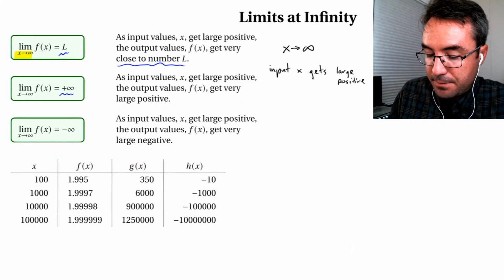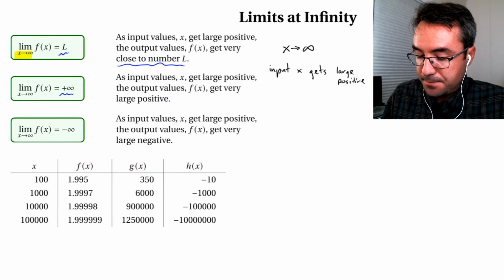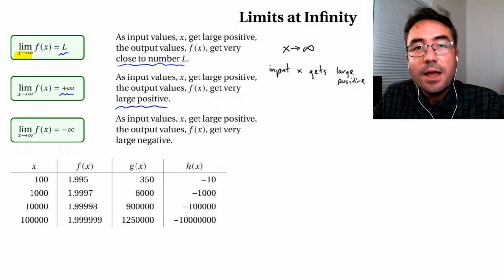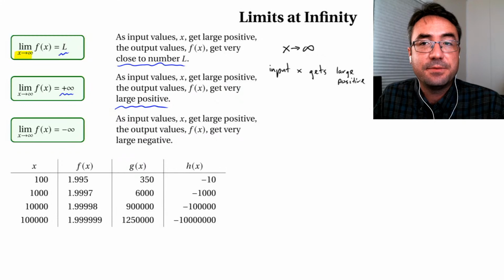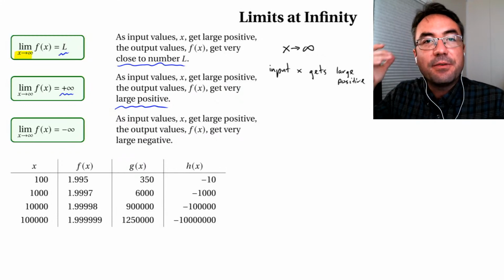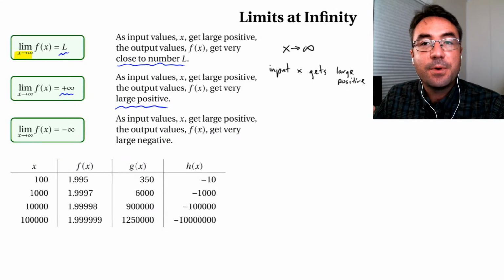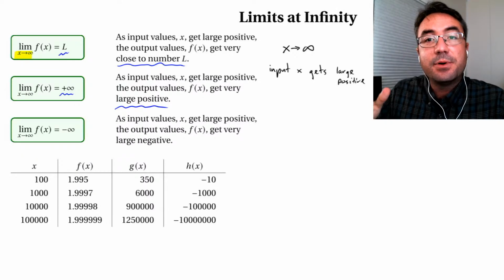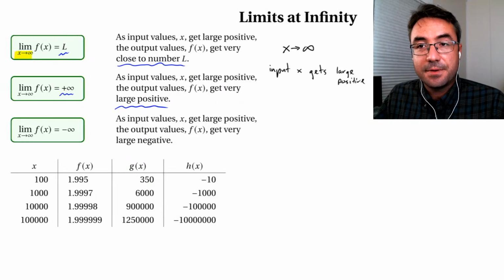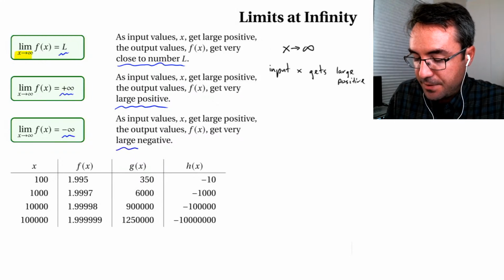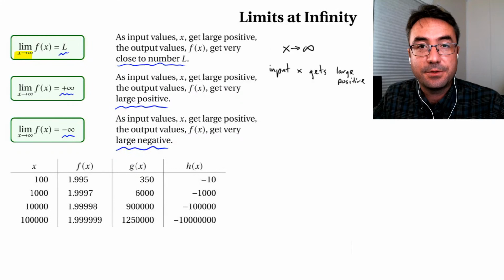And so we say plus infinity here if our outputs are getting larger and larger positive. And then something similar for minus infinity. We say the limit of f of x as x approaches infinity is equal to minus infinity. And what that means is that, again, as our input values get large positive, the output values get very large negative. So we're using this negative infinity to denote that our output values are getting larger and larger negative.